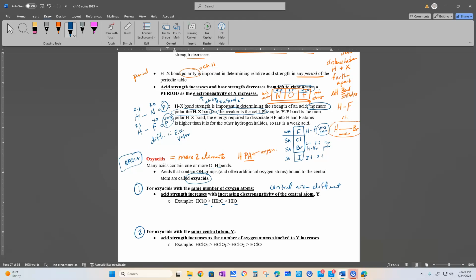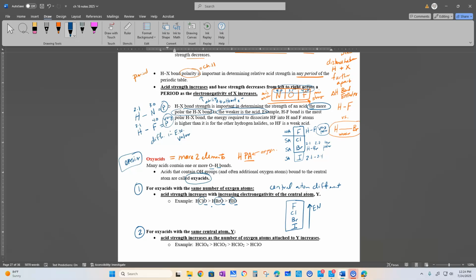The acid strength increases, it gets stronger, as the electronegativity of the central atom increases. Notice the central atoms are chlorine, bromine, and iodine. What do we remember about electronegativity? Fluorine, chlorine, bromine, iodine: electronegativity increases as you go up. So increasing electronegativity of the central atom increases acid strength.